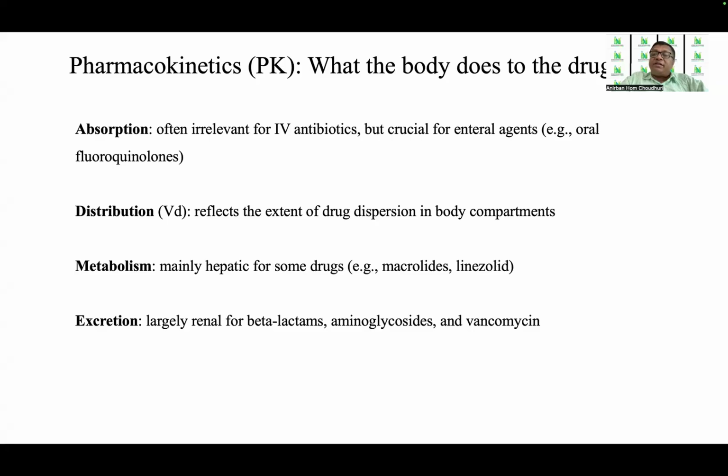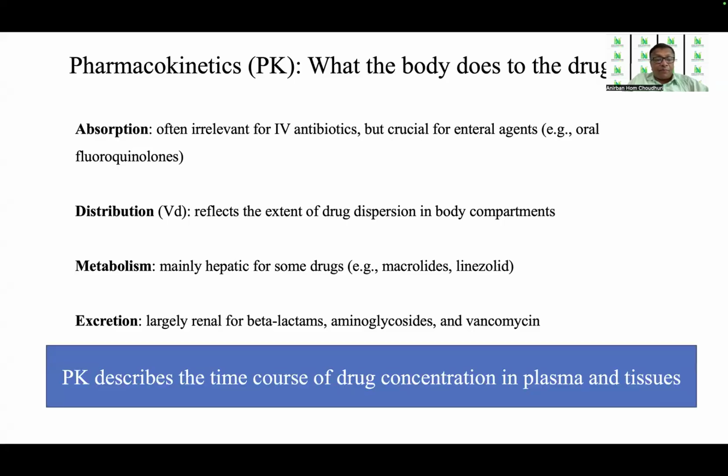Metabolism: some drugs are excreted unchanged in the urine, or they are converted into some products which are excreted renally, and some are metabolized in the liver, for example, macrolides and linezolid. And finally, the excretion or elimination, which is largely renal for beta-lactams, aminoglycosides, and vancomycin. So any alteration in the renal function is likely to affect the elimination of such drugs which are dependent on the kidneys for their elimination.